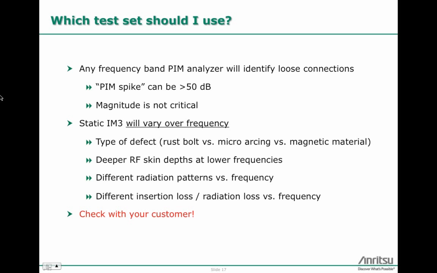Also, as you change frequency, you're changing the RF skin depth, so you can get different responses. If I have a low frequency, I'm going to be penetrating deeper into the metallic surfaces than I am with a high frequency. So if there are plating contamination issues or nickel underplating, I may have very different responses at low frequencies compared to the response that I'm getting at a higher frequency.